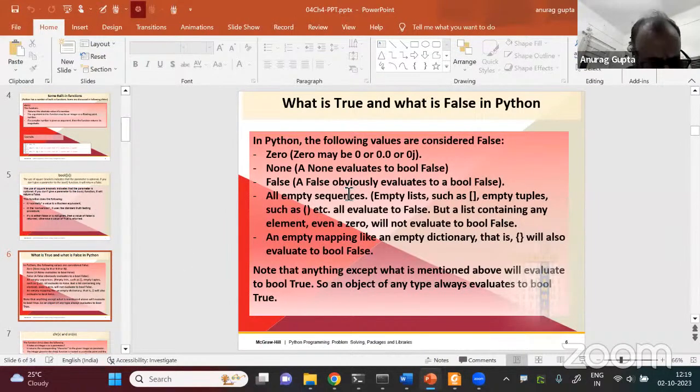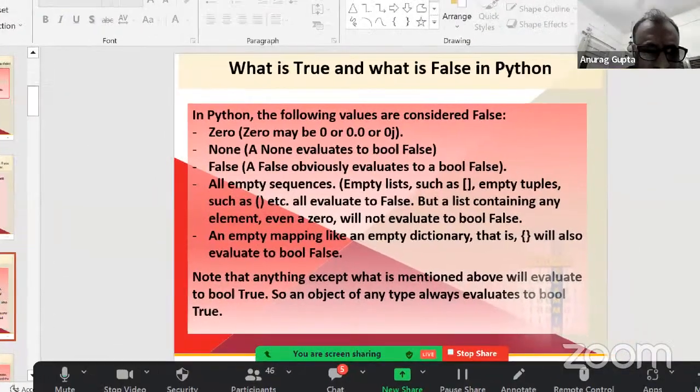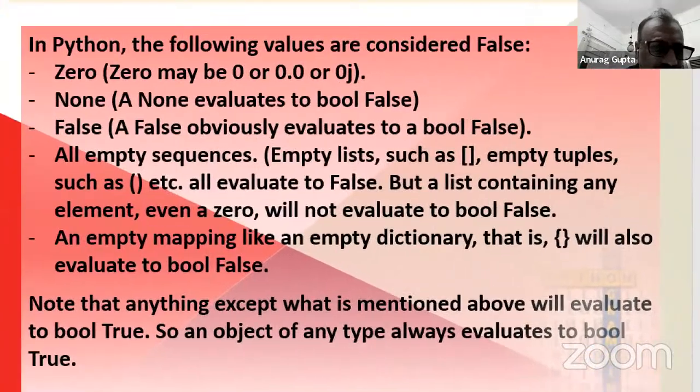So what evaluates to true and what evaluates to false is given in this slide. You can read it. 0 may be 0, 0.0, or this thing, none. Bool of none, if you write bool and within bracket you write none, you will get a false. Bool of an empty sequence.